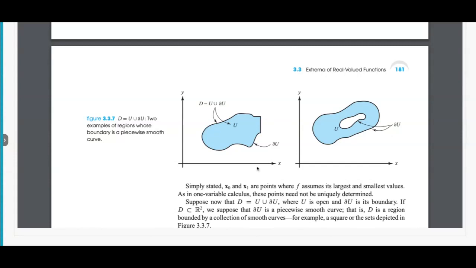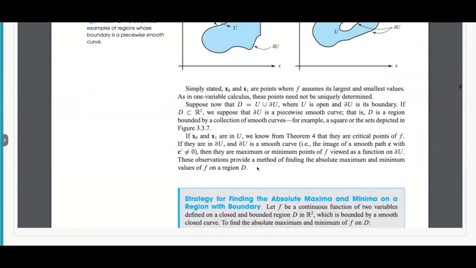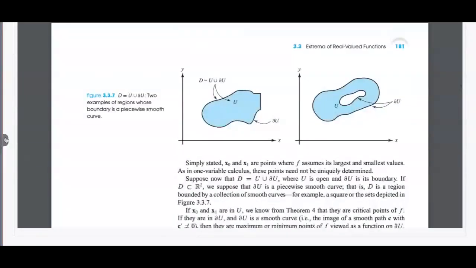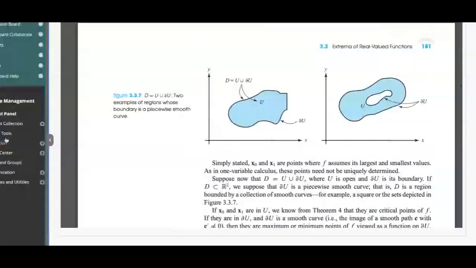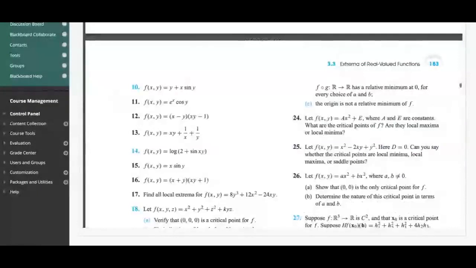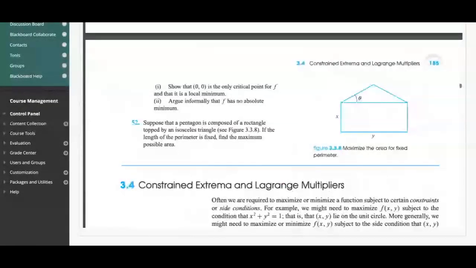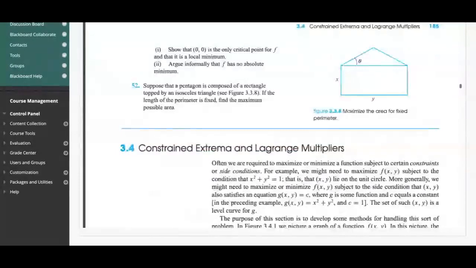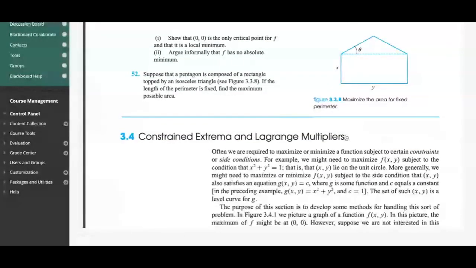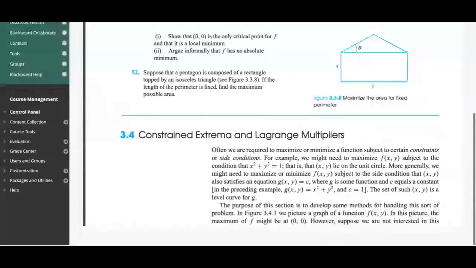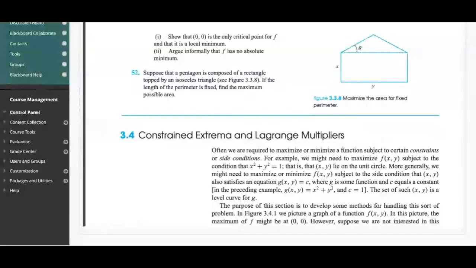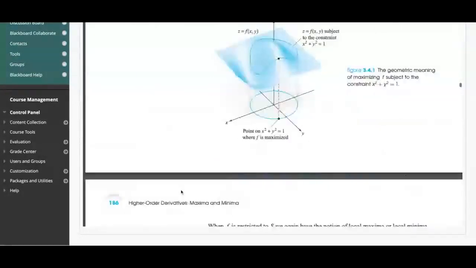Chapter 3, let me see how many sections. So next class, we're going to talk about Lagrange multiplier. Very important concept, Lagrange multiplier. So 3.4 talks about Lagrange multiplier.